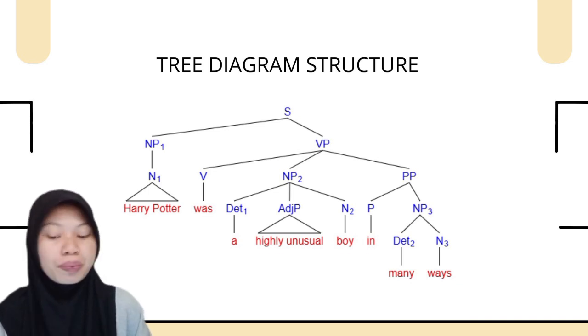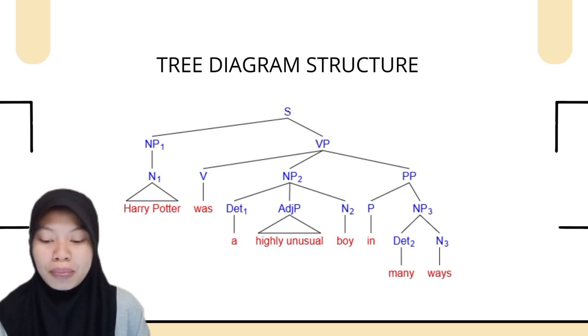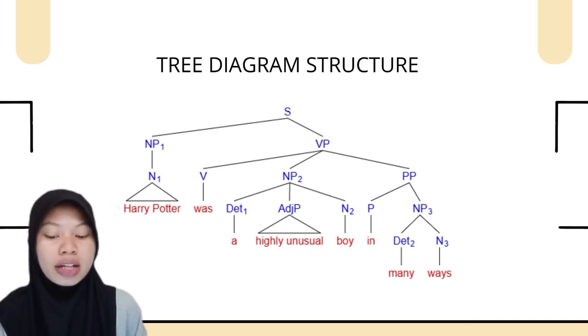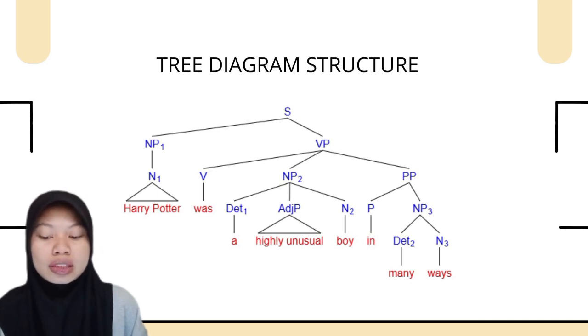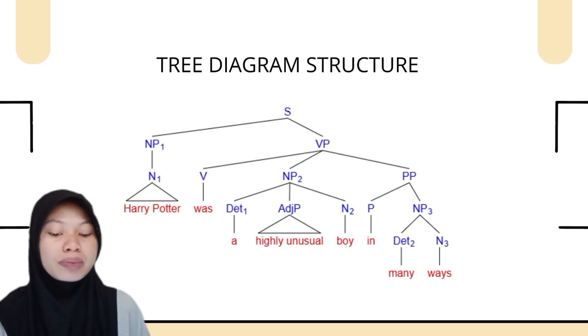Next is the verb phrase as the predicate. The predicate tells us what the subject is or does. It consists of the verb was and two parts, another noun phrase NP2 and a prepositional phrase PP. Next is the verb. The word was is a linking verb connecting the subject Harry Potter with its complement.